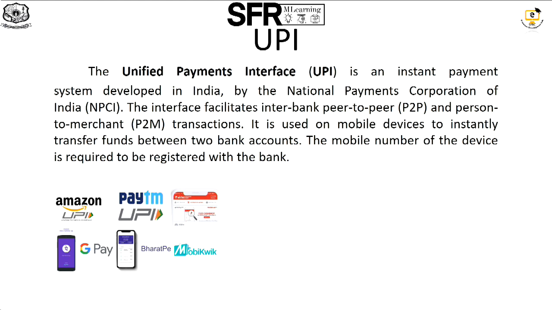With the help of UPI, we can add an account in the particular application, and the beneficiary can be added to the list. Whenever we need to make a payment or a transaction, we can simply give their mobile number or scan the QR code and transfer the money.